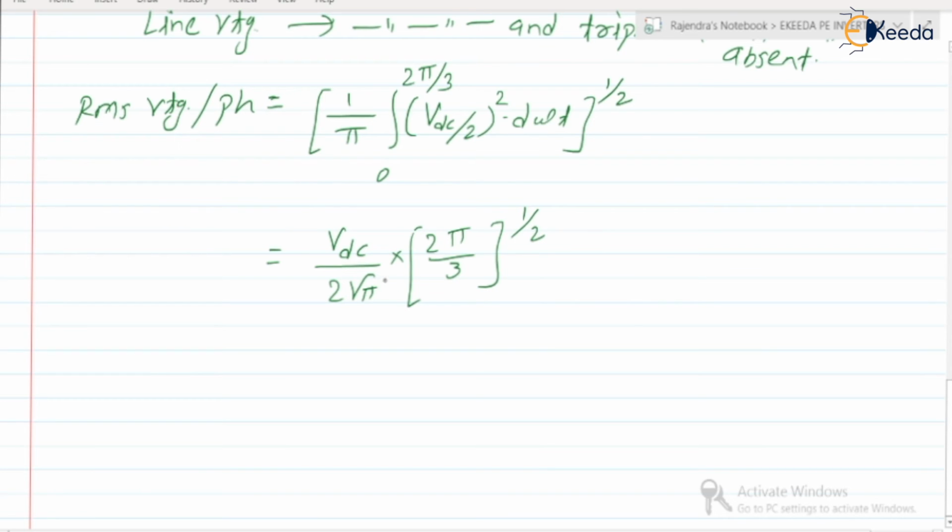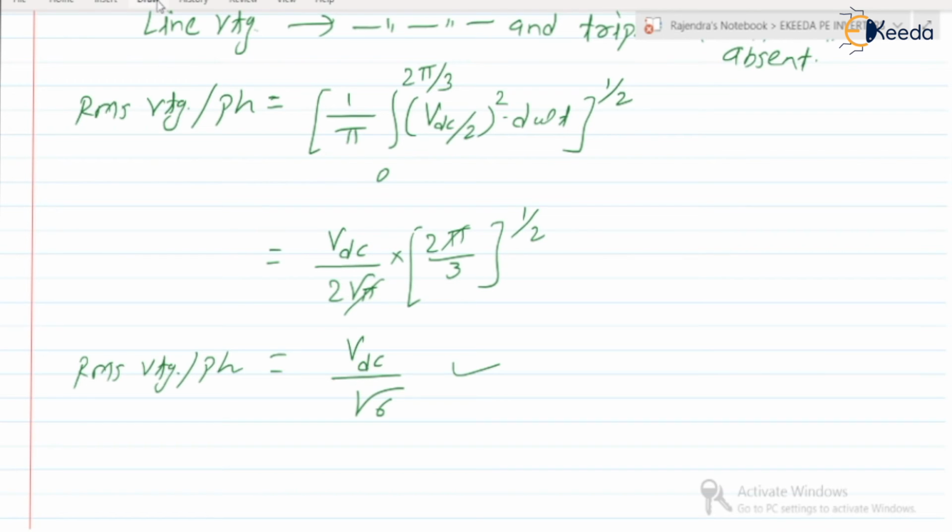So root pi will get cancelled. This is a root 2 and here it is 2. So it is VDC by root 2 into root 3, so it is VDC by root 6. This is the RMS voltage per phase. Per phase RMS voltage is VDC by root 6, right?